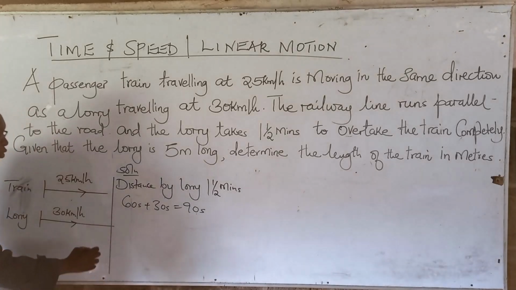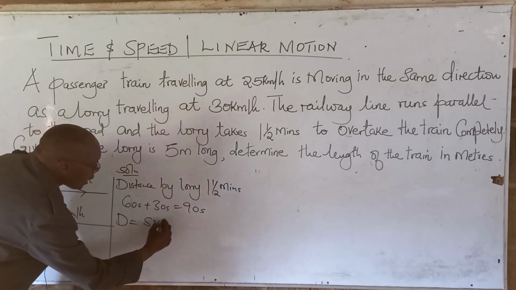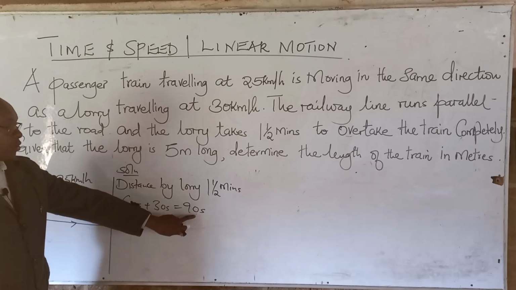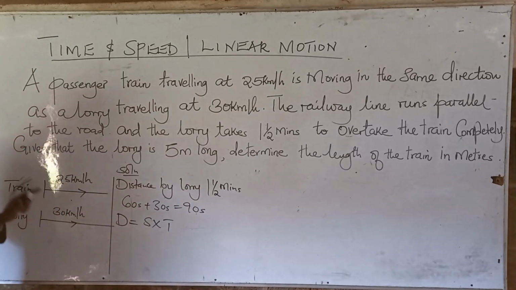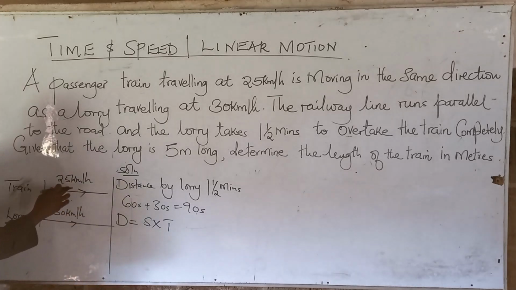So how am I going to get this? Distance will be given by speed times time. So I already have time in these 90 seconds. So I need to get the speed. I am going to use relative speed. We have two bodies, that is the train and the lorry. We are given two speeds. And so when you're working out this distance, we're going to use the relative speed.